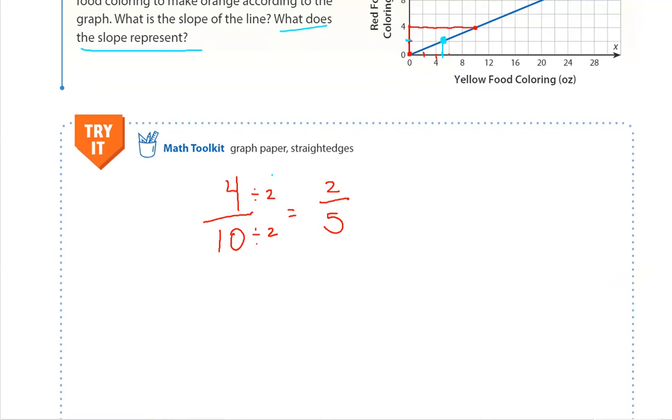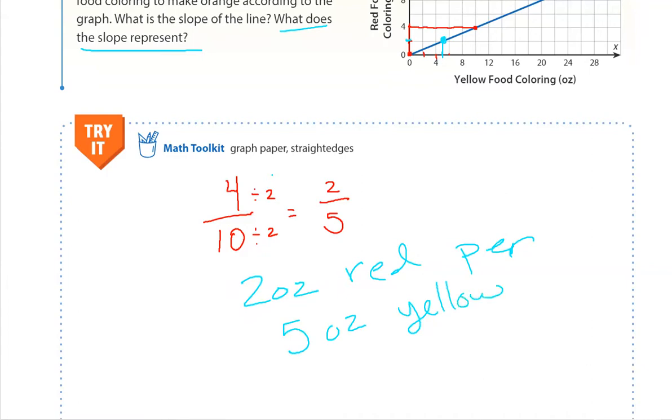Isn't that convenient? I mean, it's math. That's not convenient. That's the way it's supposed to work. Okay, so 2 ounces red per 5 ounces yellow food coloring.